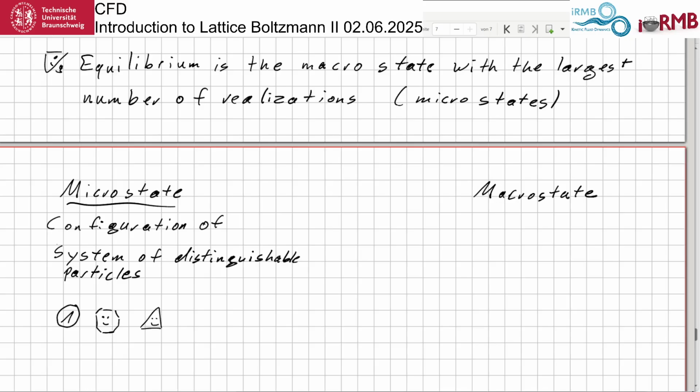I don't think that coins like this exist, but anyway, maybe in some place we have square coins. What I want to say is, all coins are individuals, and all coins are either up or down. And each of these configurations here has the same probability.